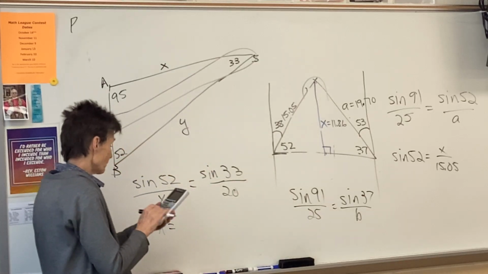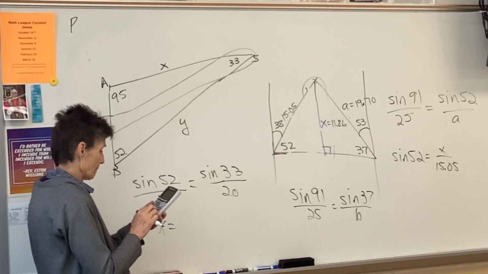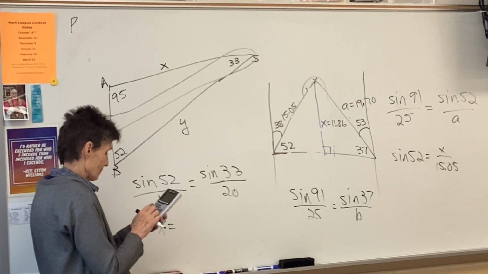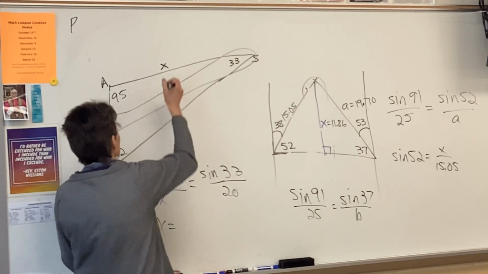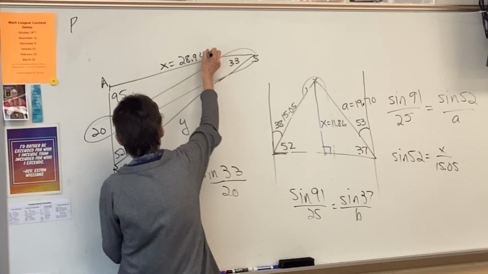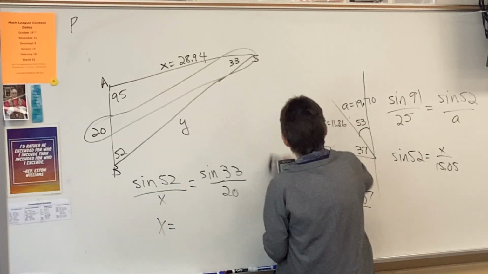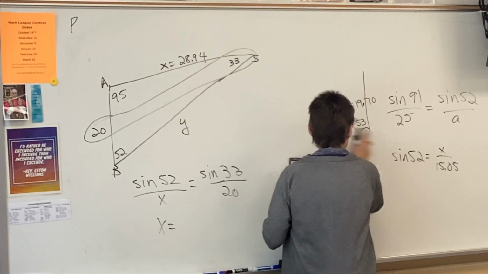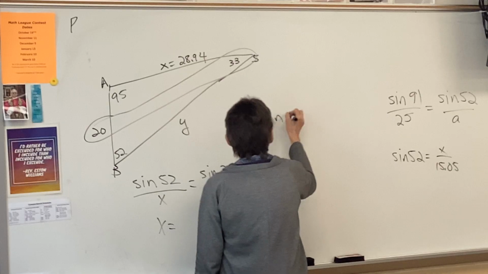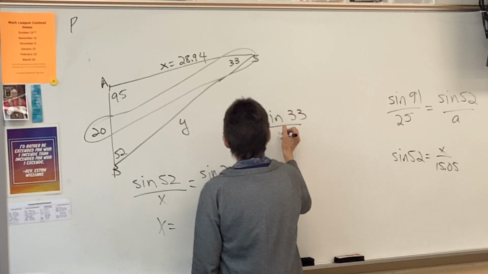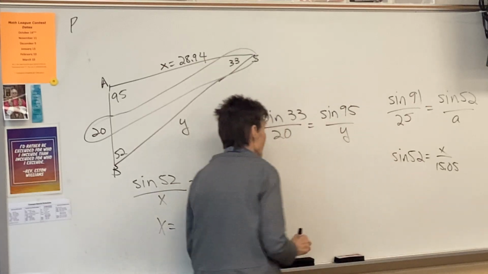All right, let's cross multiply. So what's that, x? 28.94. And then sine 33 over 20 equals sine 95 over y.